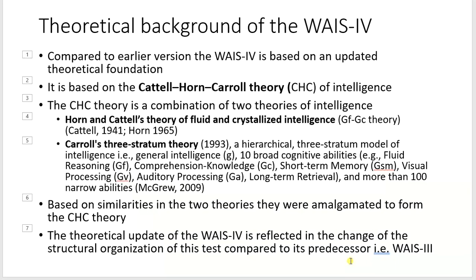They conceptualized g, Spearman's g, general mental ability, at the top, and then at the second stratum, second level, they conceptualized broad cognitive abilities like fluid reasoning Gf, comprehension knowledge Gc, short-term memory Gsm, visual processing Gv, auditory processing, long-term retrieval, etc. And at the third level, there were more than 100 narrow abilities.